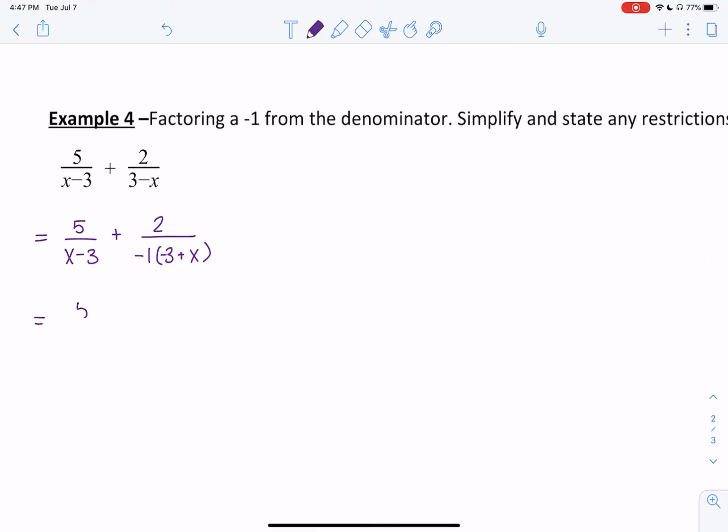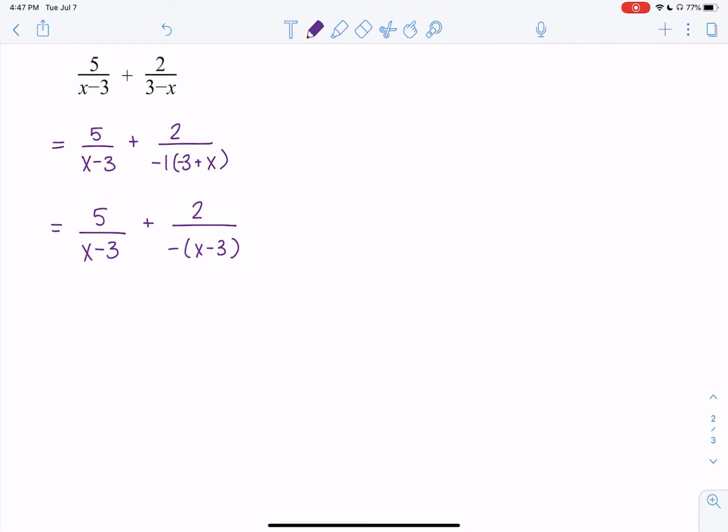Now, what we can do is we can rewrite that as negative (x - 3). So now we're so close. We have our x minus 3's, but we have this negative. Now, if I have a positive number and I add a negative, that's the same thing as me subtracting the two of them.